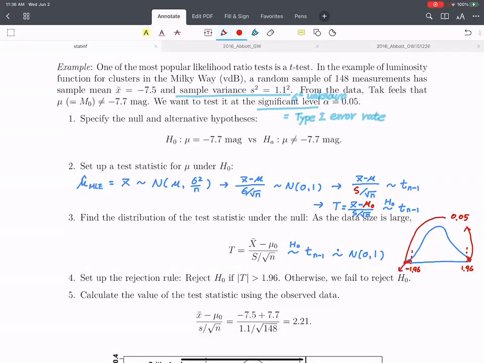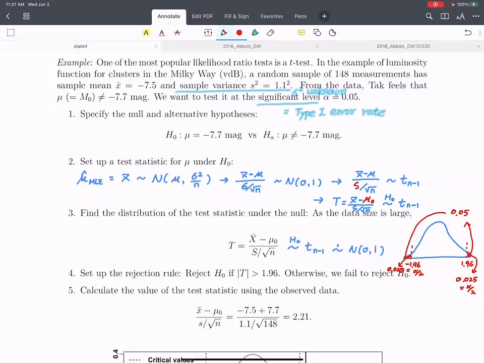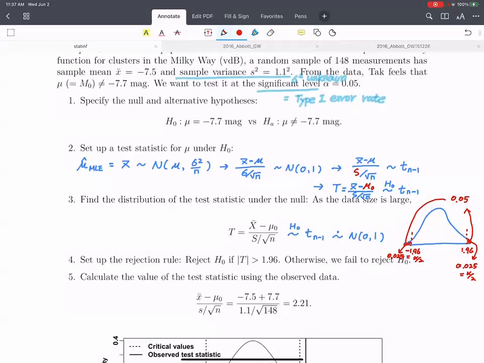The specific value will be 0.025, which is alpha over 2, and the same value for the other area, 0.025, which is equal to alpha over 2. So if you add the two tail areas, it will be equal to the significance level alpha equal to 0.05. So we will reject the null.